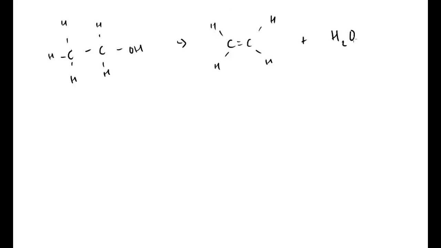So quite simply, you could take something like ethanol and dehydrate it to become, in this case, ethene and water. So we dehydrate to produce ethene and also to produce water.